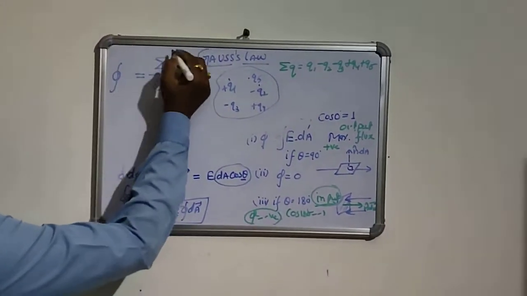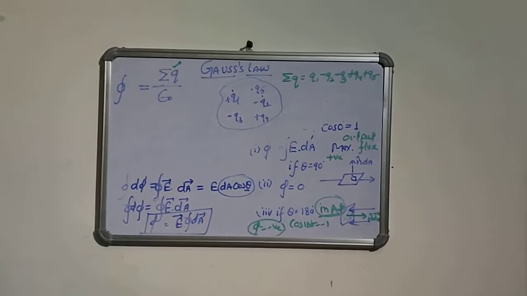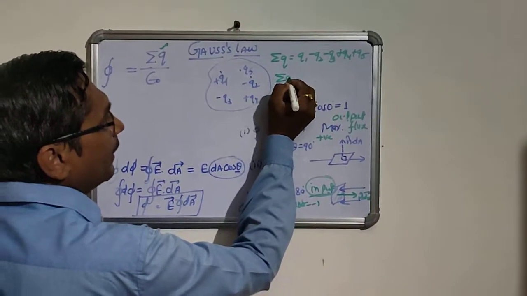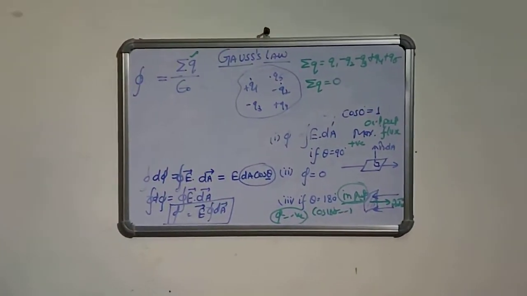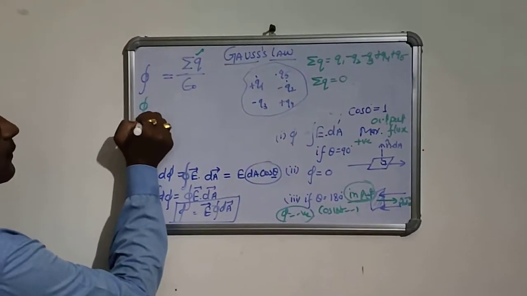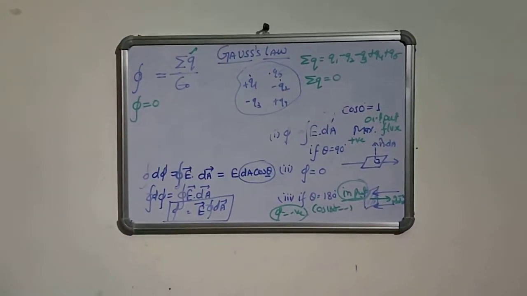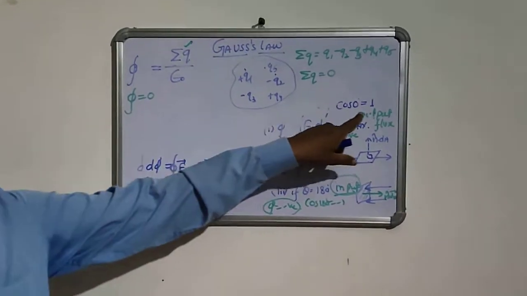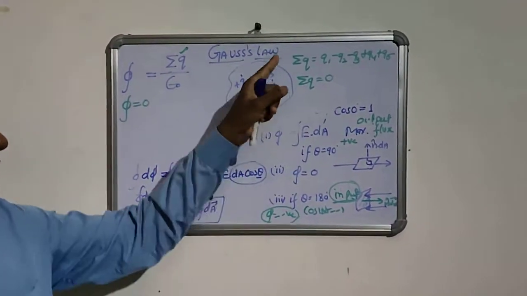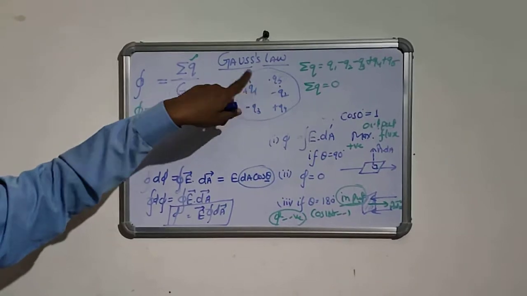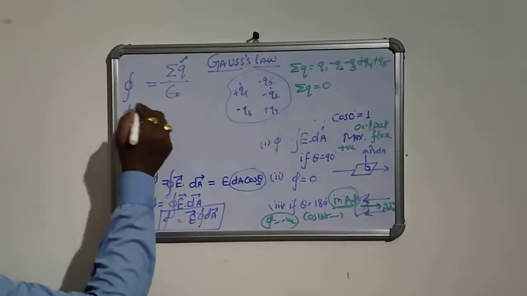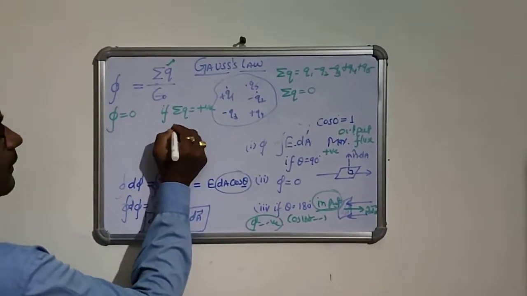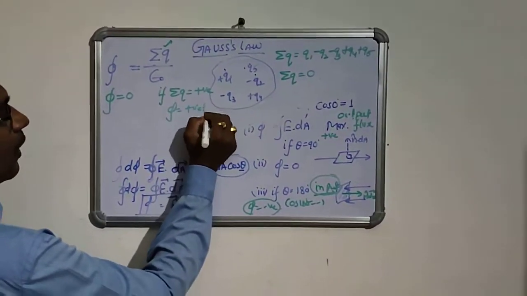Flux depends only on the summation of charge. If the net sum of charge is 0, suppose sigma Q is 0, then flux is always 0. Listen carefully, this is for emitting flux or output flux. That's why it is a positive flux. If sigma Q is positive, then flux is positive or output flux.